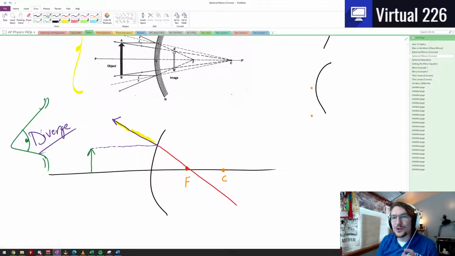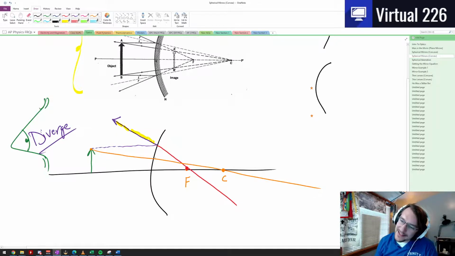Your eyes will also see the following. If you took a ray of light and you went from your arrow and you passed it through the center of curvature, the angle of incidence here and the angle of reflection for this orange line are actually going to be normal or perpendicular to this surface. You're going to hit it such a perfect way that the light literally hits in and bounces straight back out.